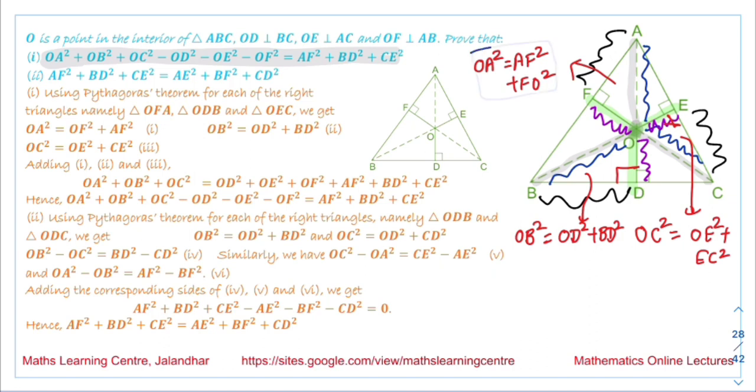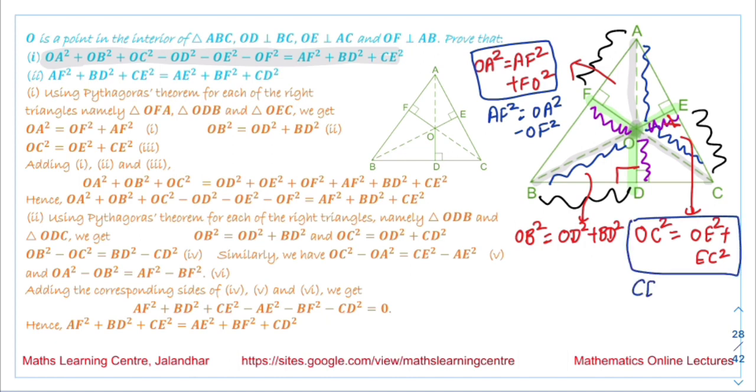From the first equation we can write AF square equal to OA square minus OF square. From this equation we can write the value of CE square, that is equal to OC square minus OE square, and from this equation we can write the value of BD square, that is equal to OB square minus OD square.